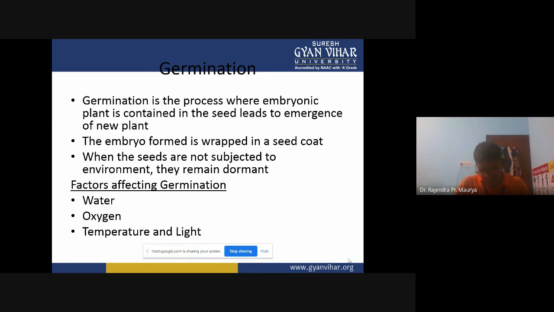Sandy soils are good for seed germination. And if we are using artificial growing media like vermiculite, perlite, cocopeat, rock wool, styrofoam and various other kinds, these are excellent growing media for a better germination percentage, etc.